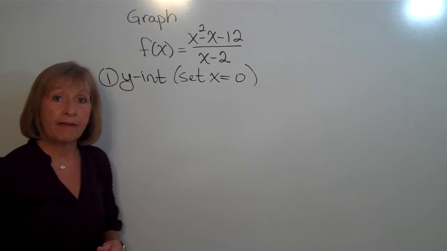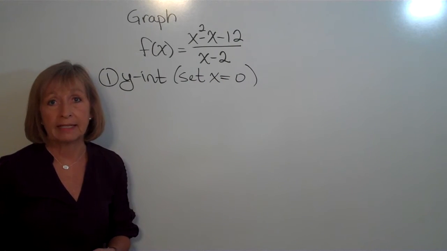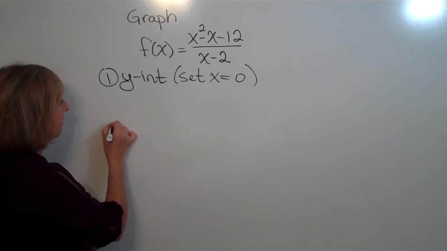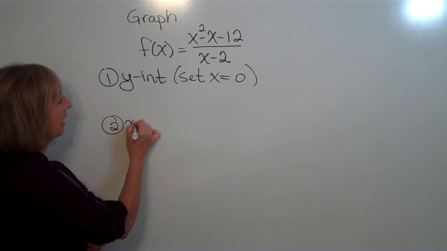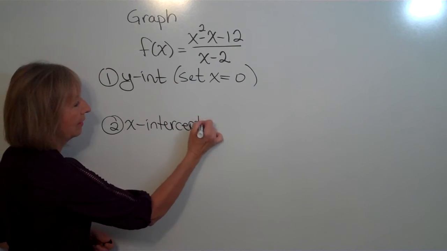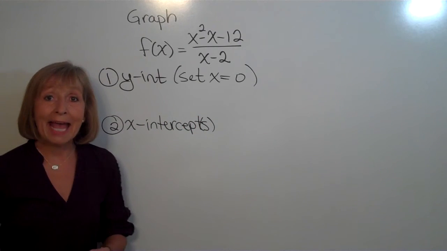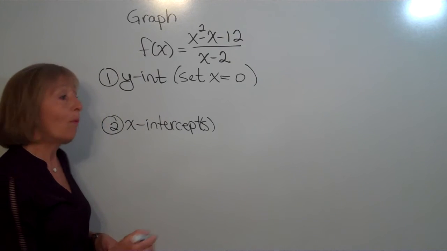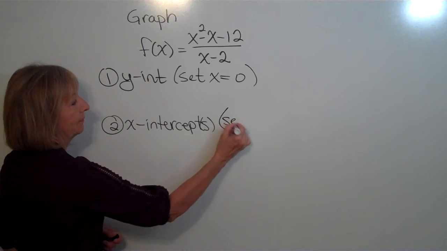So if our graph actually has a Y-intercept, we'll find it that way. Now, the second thing you want to find are the x-intercepts. And you find x-intercepts by setting y equal to 0.